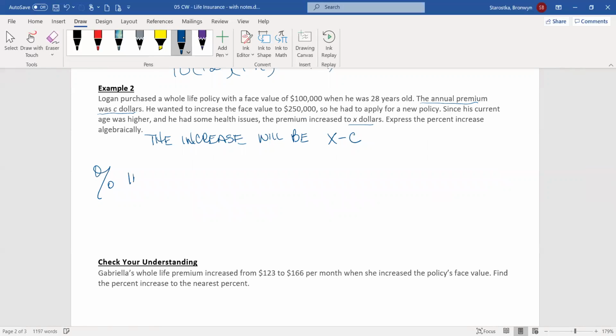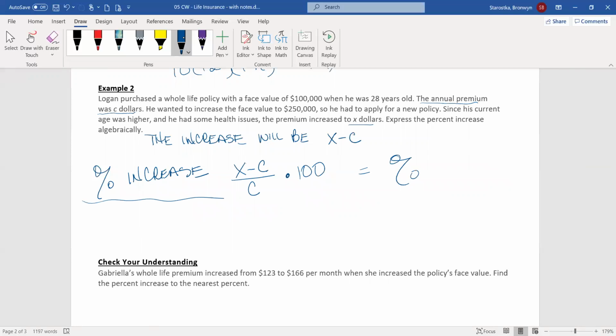The percent increase is going to be that new premium, X minus C, that difference, divided by C, the original cost. But when you do that, you're going to end up getting a weird wonky decimal. So you've got to times it by 100 so that you actually get the percent.